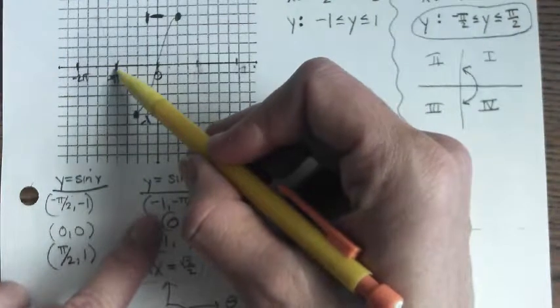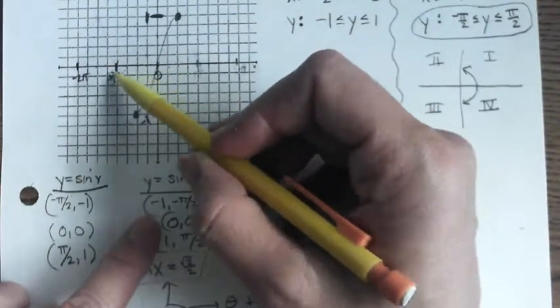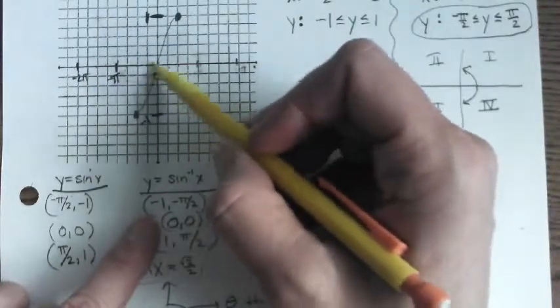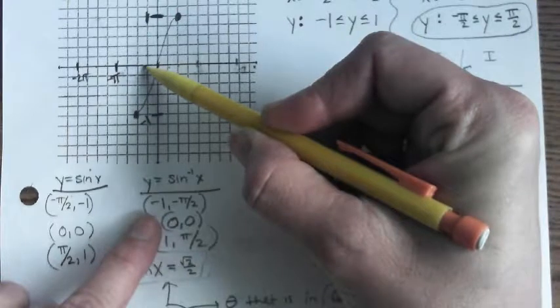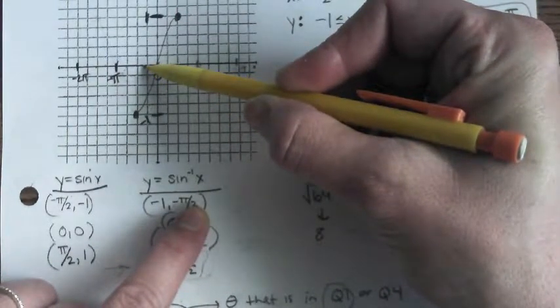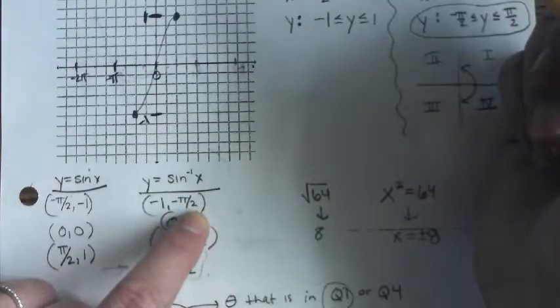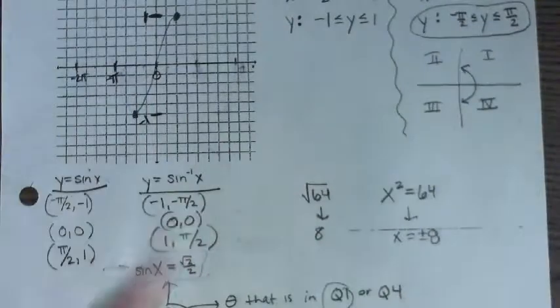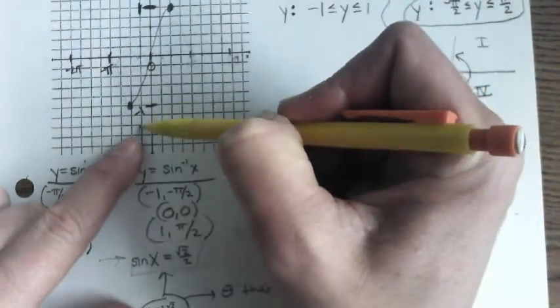That's negative 3.14. So negative 1 is here-ish, right? What is negative pi over 2 as a decimal? Negative 3.14 divided by 2 is negative 1.57-ish. So that's going to be like something down here.